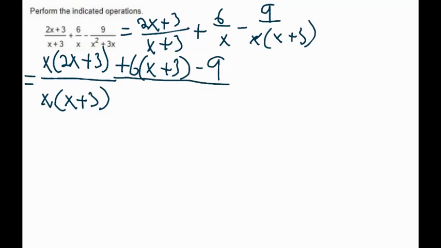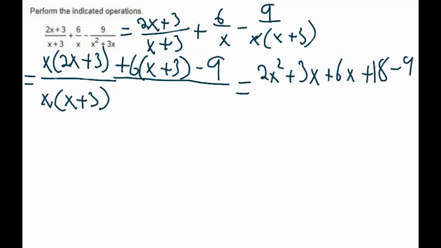Our next step is to distribute and multiply those out. So we're going to get 2x squared plus 3x plus 6x plus 18 minus 9, over x times x plus 3.